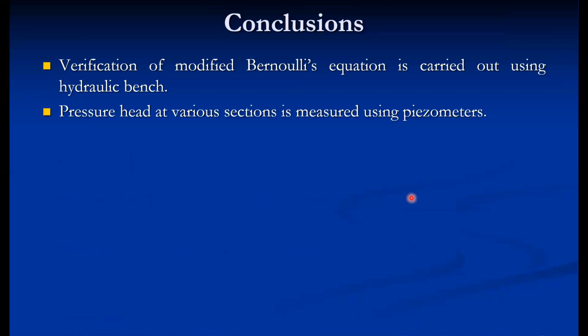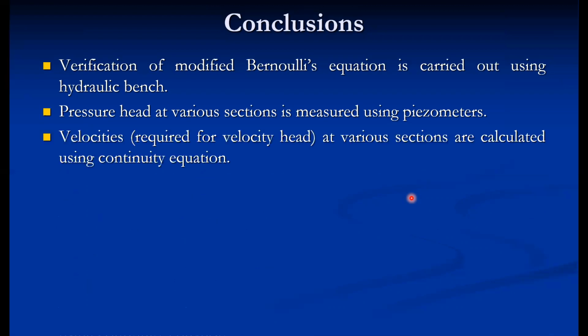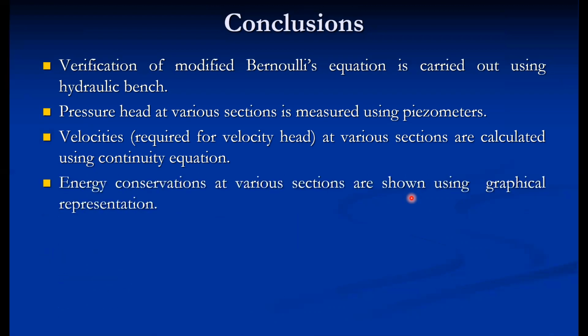At the end, the conclusion is that verification of modified Bernoulli's equation is carried out using a hydraulic bench with the help of a converging diverging cross-section pipe. Pressure head at various sections is measured using piezometer. Velocities required for velocity head at various sections are calculated using the continuity equation.